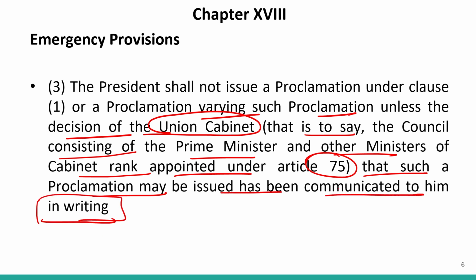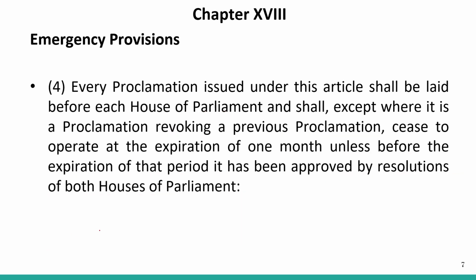I just informed you that it is not directly by the president who is going to proclaim the emergency. It is rather by the council of ministers consisting of the prime minister and the other ministers. He is going to proclaim that emergency once it has been communicated to him or her in writing. Okay, this is an important portion.